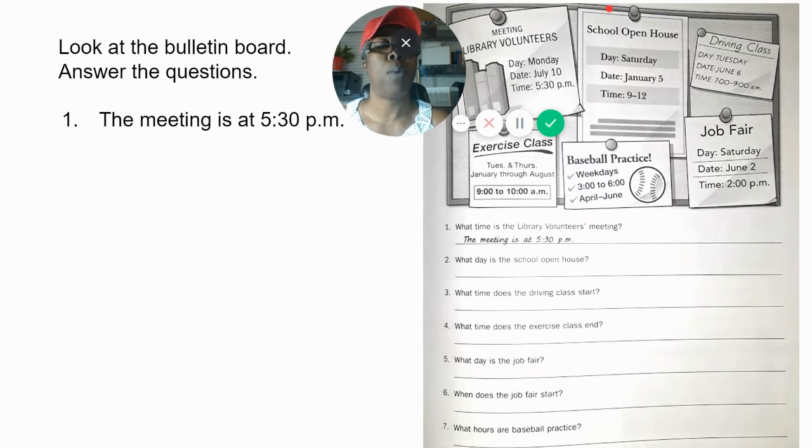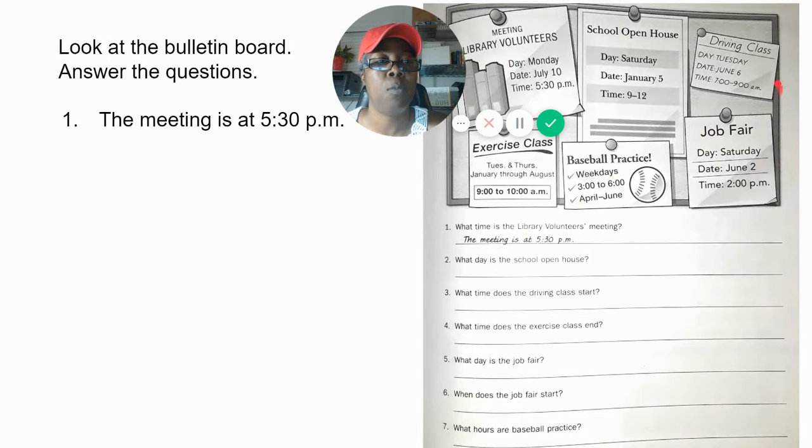Sometimes you'll go into a workplace, or the library, or a community center, and you'll see a board that has different papers on it that talk about different classes and different things going on. That's what a bulletin board is. Repeat after me. Bulletin board.